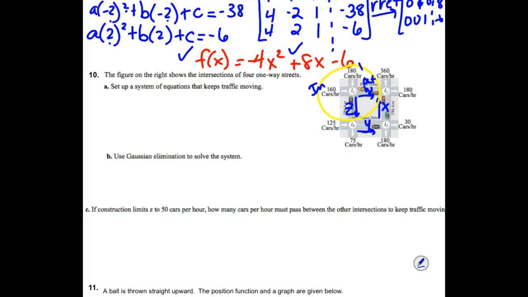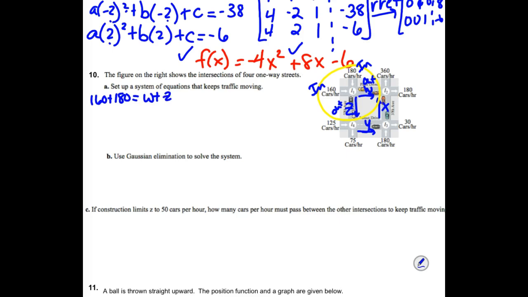The 180. What's coming out? Okay, so ins have to balance outs. All the cars going in have to somewhere come out again. Okay, so for this intersection, we have 160 and 180 going in. What's coming out is W and Z.